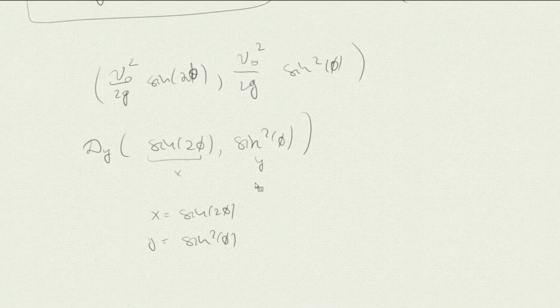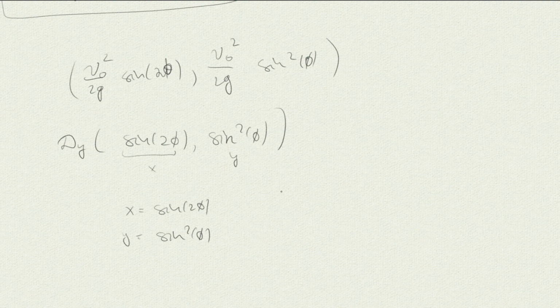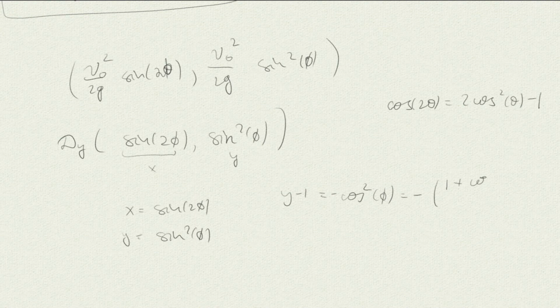Okay, so what we see here is that if we take y minus 1, then this is cosine squared minus the cosine squared of phi, which we can write as minus, and here we will write, so cosine squared can be written as, cosine of 2 theta is 2 cosine squared of theta minus 1, so it's 1 plus cosine of 2 phi divided by 2, and so we see that y minus 1 is minus half minus the cosine of 2 phi divided by 2.